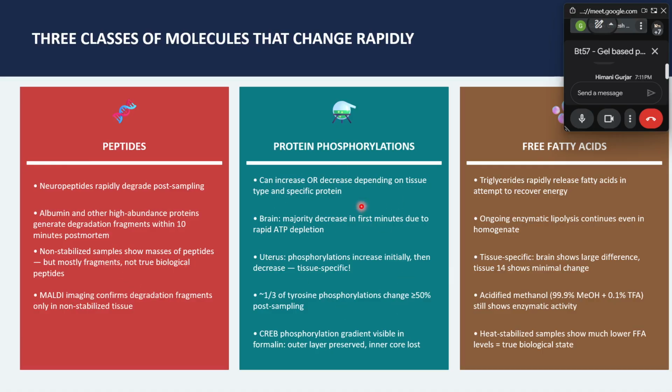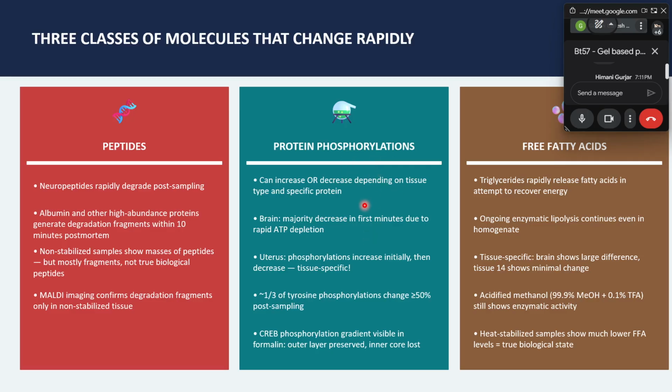All these things the professor tried to talk about in each and every section, for each type of protein or type of molecule that can get degraded. A lot of changes will happen, because it can increase or decrease depending upon the tissue type and the type of protein it is.